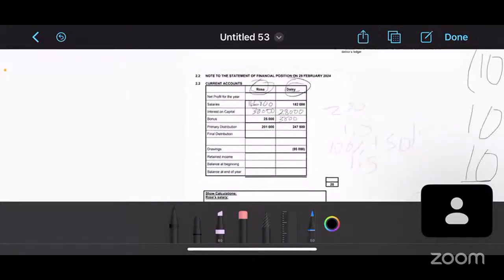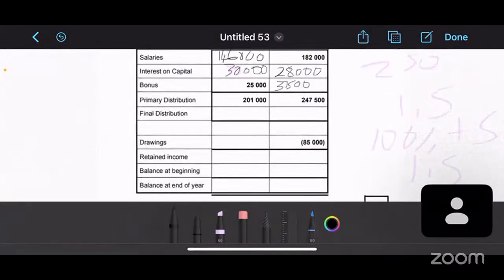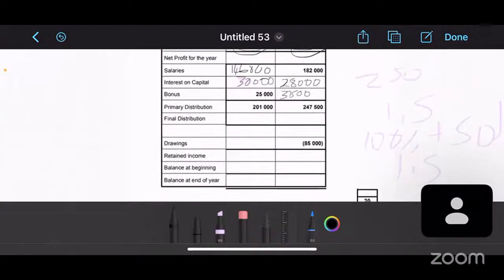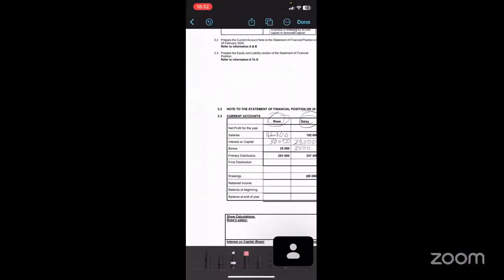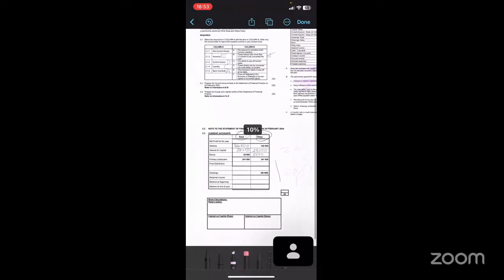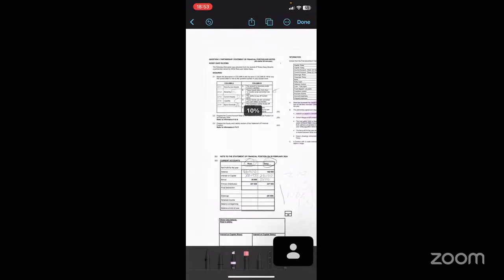I'm just going to send you the answer book and these questions, and then you just complete. You can even do the 2.3, okay? Then you can use it to practice, because this was part of your June exam paper last year. Maybe you can get lucky and you write about Ezizinto.